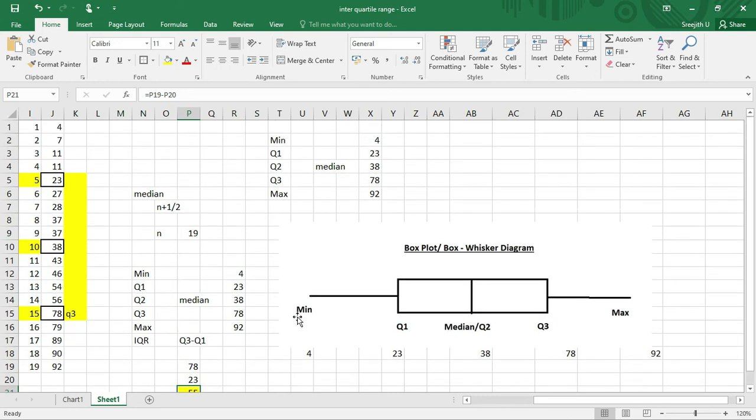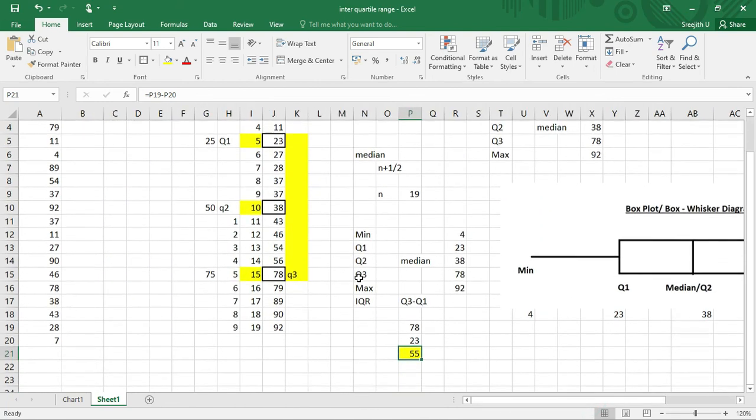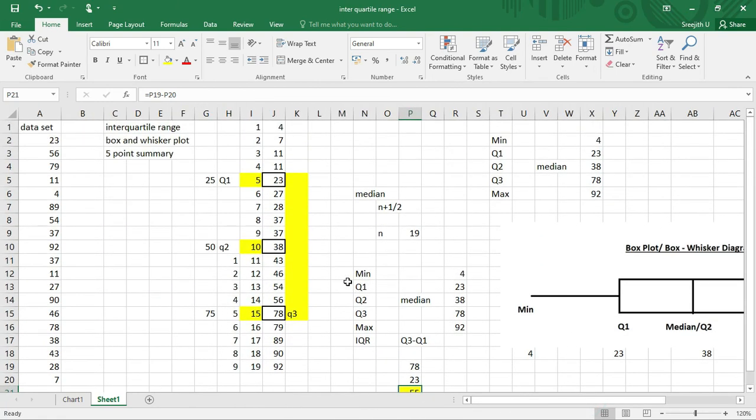In this video we have seen how to arrange data in such a way that you can identify the 3 points, which are Q1, Q2, Q3, so that the data is divided into 4 different parts, and each part is called a quartile. Q1 is called the 25th quartile, Q2 the 50th quartile value, Q3 the 75th quartile value.